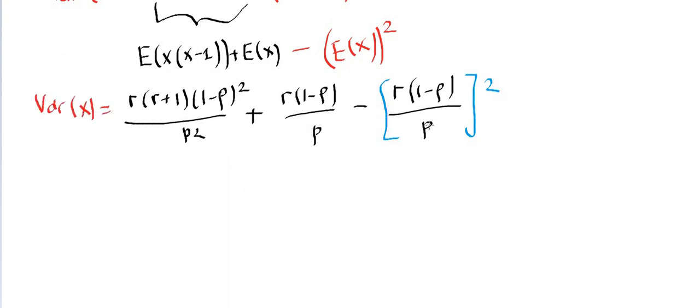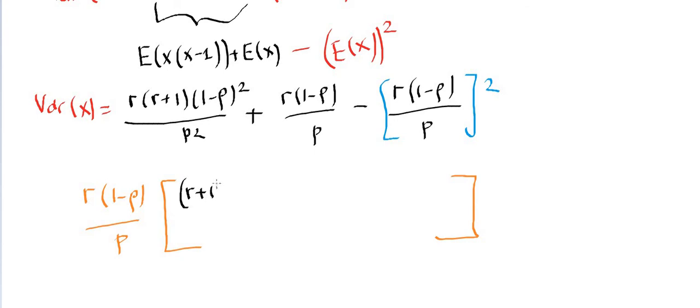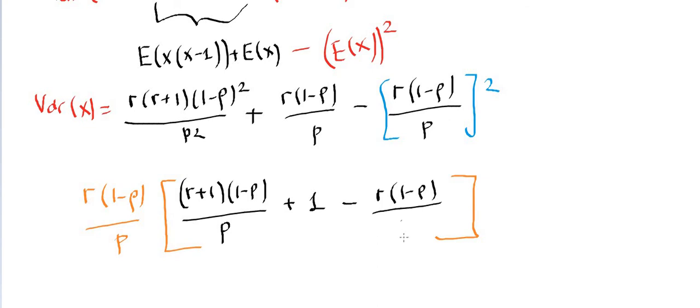Now all we have to do is just algebra. So we can factor out r times 1 minus p over p because we have this in all terms. So let's pull out r times 1 minus p over p. From the first term, we are left with r plus 1 times 1 minus p over p, plus, since this whole term is taken out, plus 1, minus, one factor of this is taken out, r times 1 minus p over p.